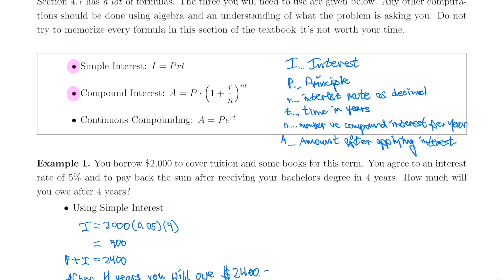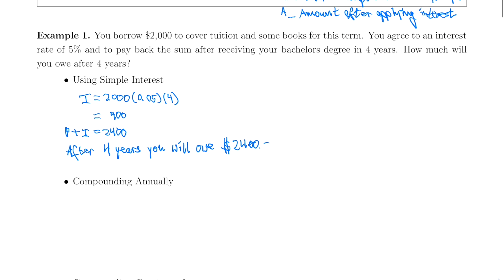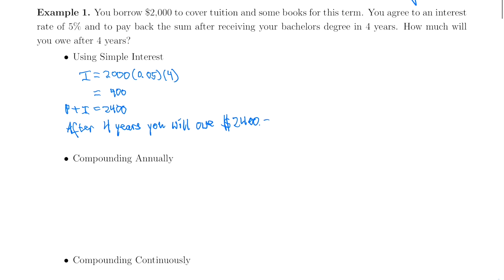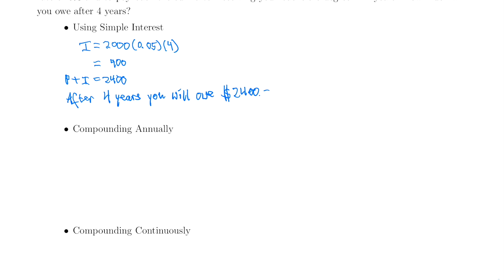So we are looking again at our example 1, where we are borrowing $2,000 at the same rate for 4 years.